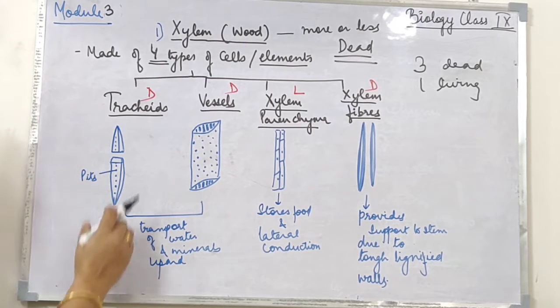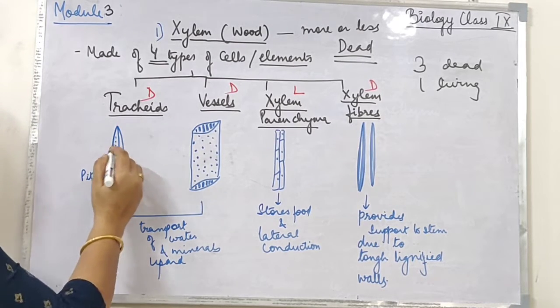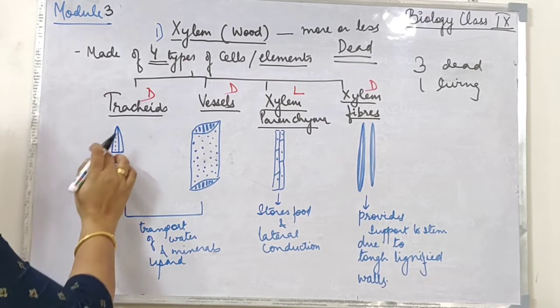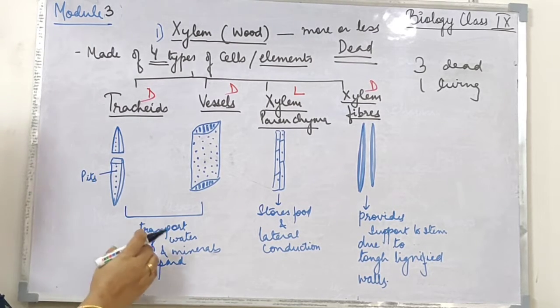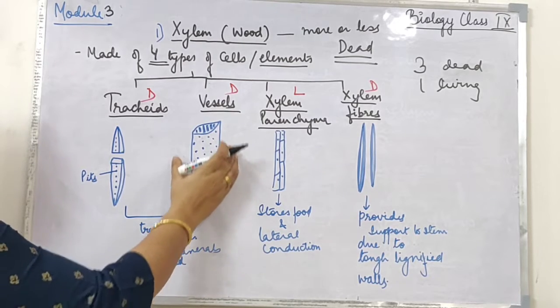When we see tracheids, these are long tube-like cells which have perforations on the sides, which are known as the pits. Now vessels are a little broader.